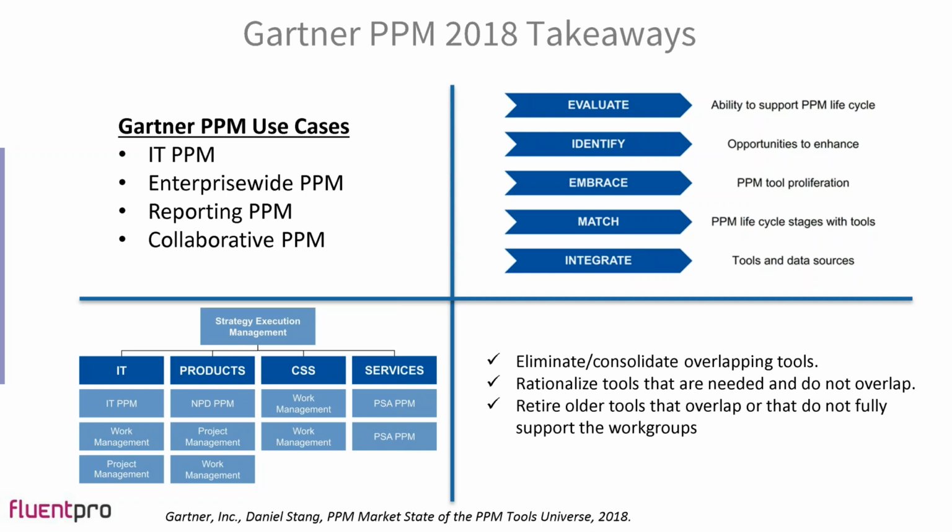So what that means in the context of a PPM is that you should be providing different parts of the organization the ability to manage their different types of projects in a system. So it's no longer the case that we should have just one PWA for one area of the organization. We need to give everyone the ability to execute projects and plan portfolios to drive that roll up of strategic execution. That's what this strategic execution management box is about.